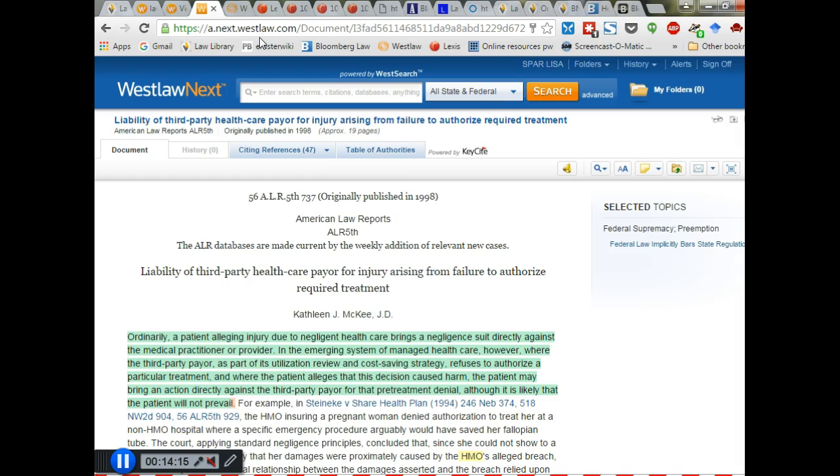So we looked at the index under health maintenance, and we got our key words. The malpractice.